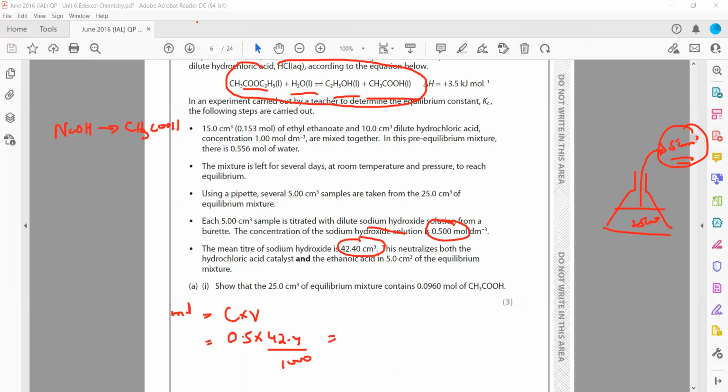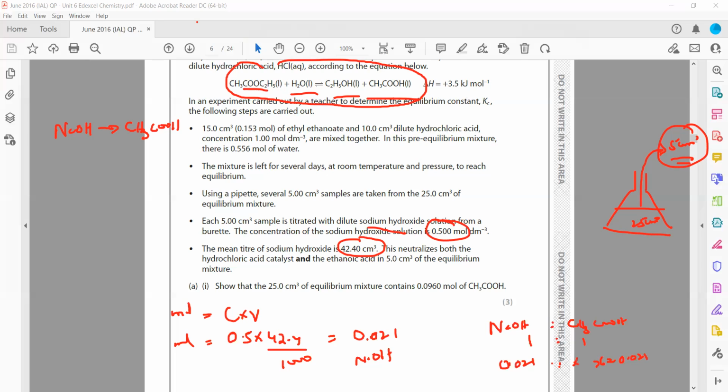This gives us the moles of sodium hydroxide, which is 0.021. Then we use the ratio between sodium hydroxide and ethanoic acid. When you write the balanced equation, it is 1:1. So if we have 0.021 moles of sodium hydroxide, this will be X moles of ethanoic acid, and we get the same answer, which is 0.021.